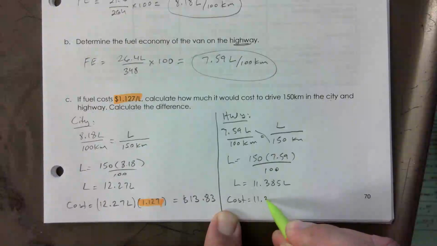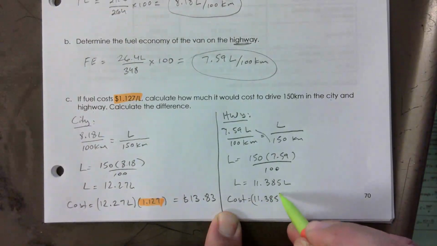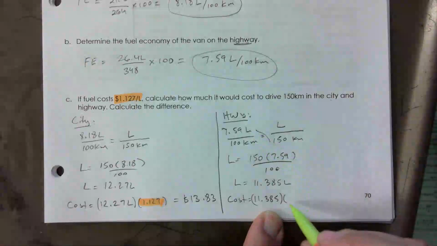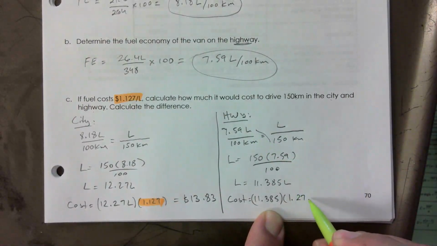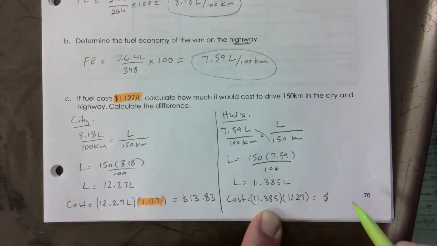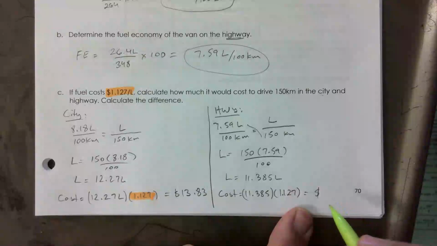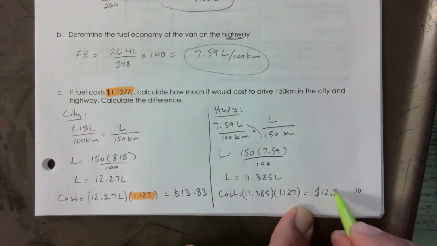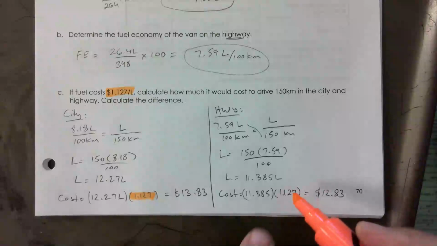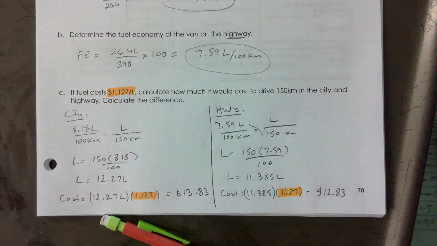So it's 11.385 multiplied by that gas price again, and that would be $12.83. Here's that gas price again, right?